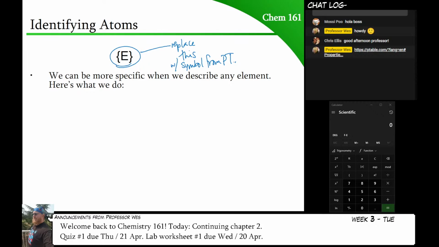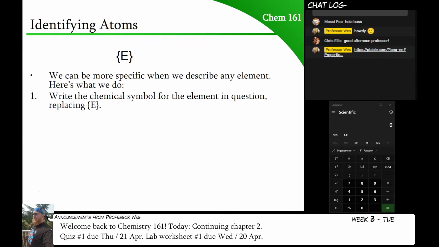There are no curly brackets afterward. So whatever element we're looking at, if we're talking about carbon, we put a C there. If we were talking about hydrogen, we put an H there. If we're talking about lanthanum, we put capital L lowercase a, for example. So that's going to be our first step.